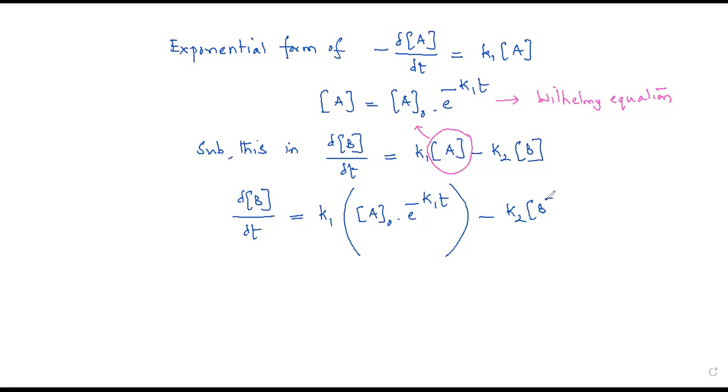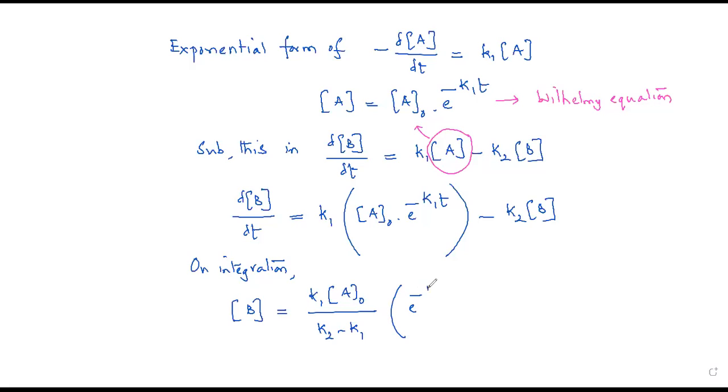Minus K2 into B. Now this on integration gives, okay, the final expression. The concentration of B at any time can be given as K1 into A naught by (K2 minus K1) into (e power minus K1t minus e power minus K2t). This is what we get on integration.